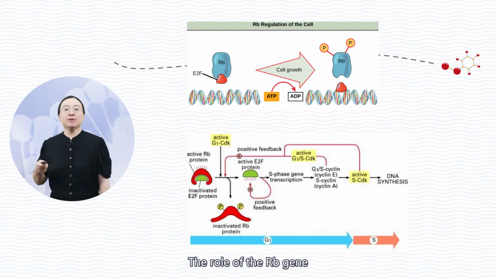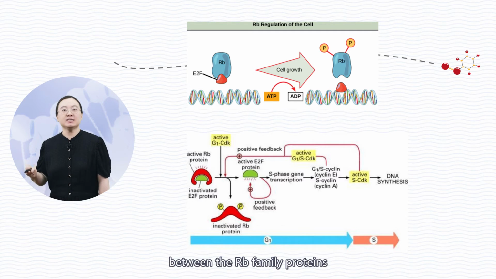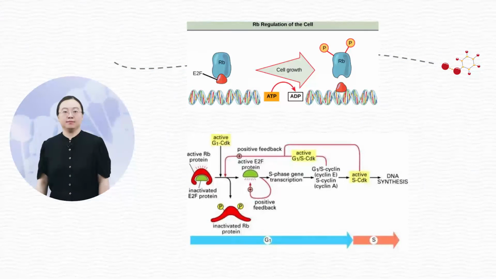The role of the RB gene family in cell cycle regulation includes the interaction between the RB family proteins and the E2F family transcription factors, which plays a central role in governing cell cycle progression and DNA replication by controlling the expression of cell cycle E2F-dependent genes.